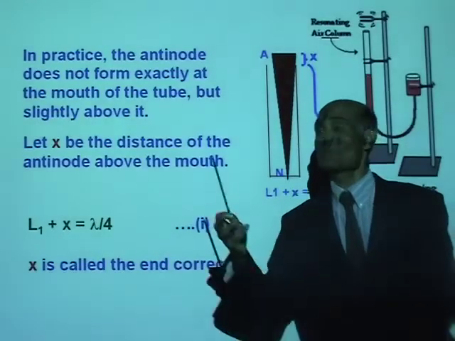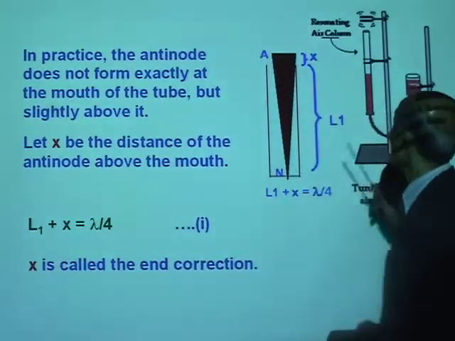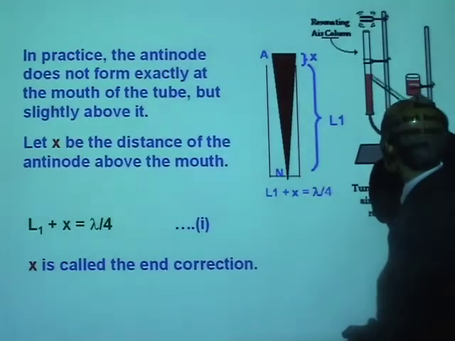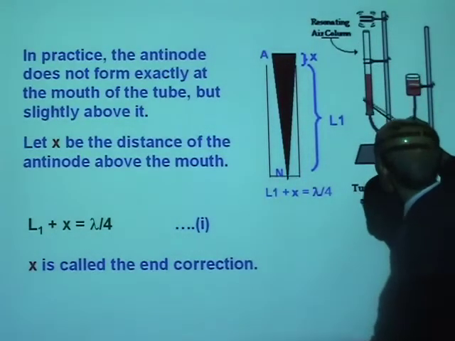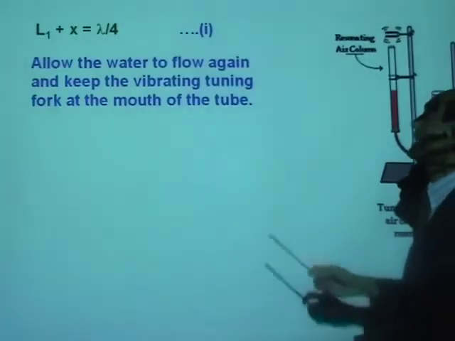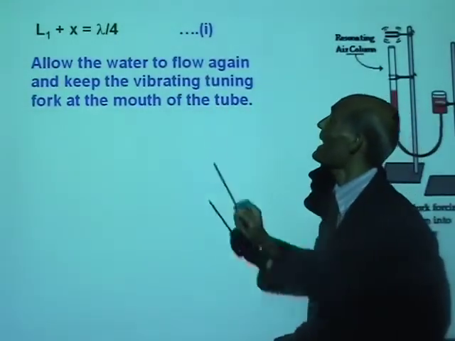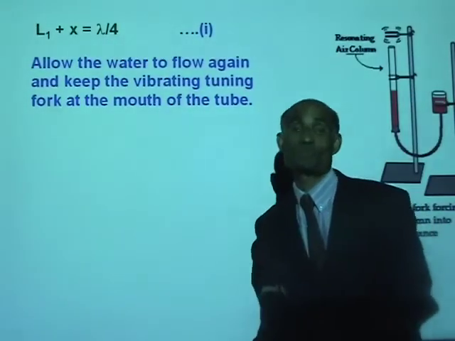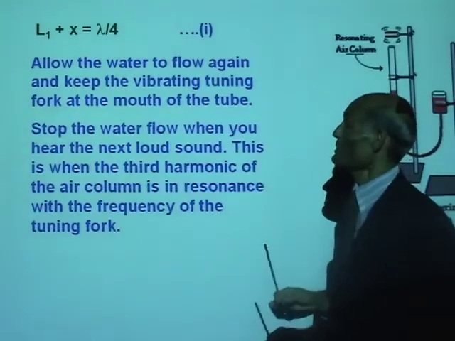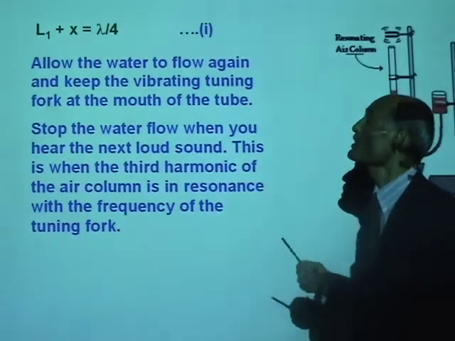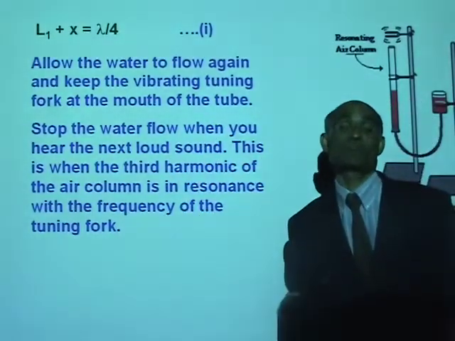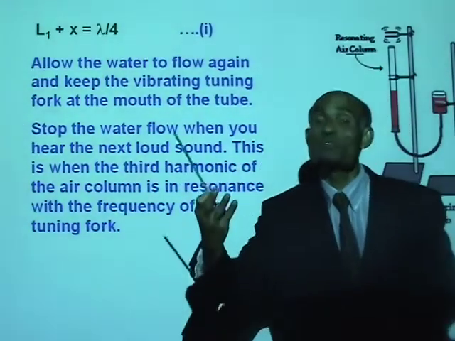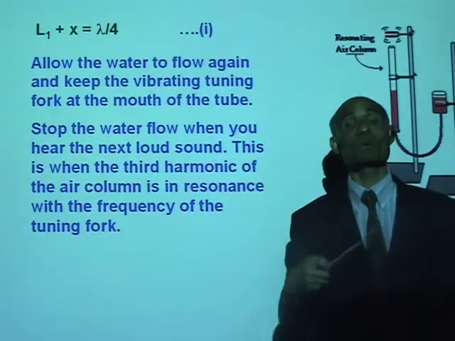Now, the second part. Now we continue letting the water out so that you hear a second mode of vibration. Allow the water to flow again and keep the vibrating tuning fork at the mouth of the tube. Now what happens? Stop the water flow when you hear the next loud sound. And the next loud sound will be the second mode of vibration of the closed tube.